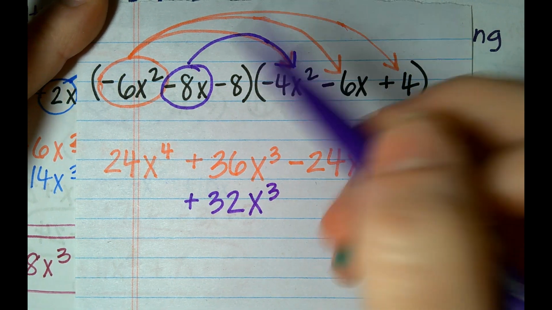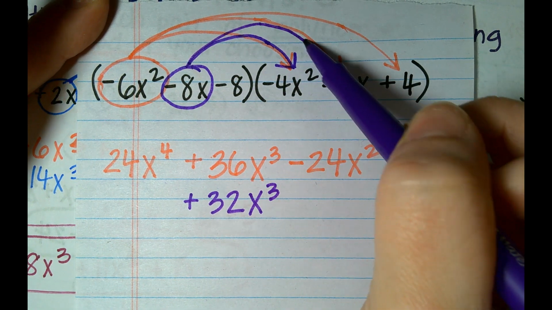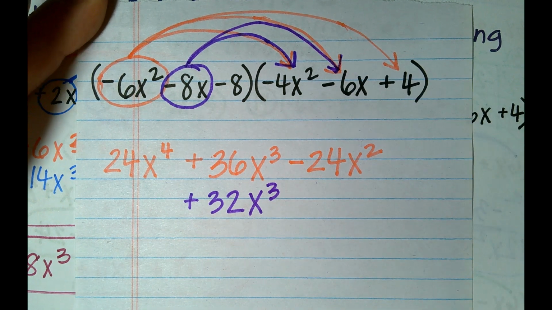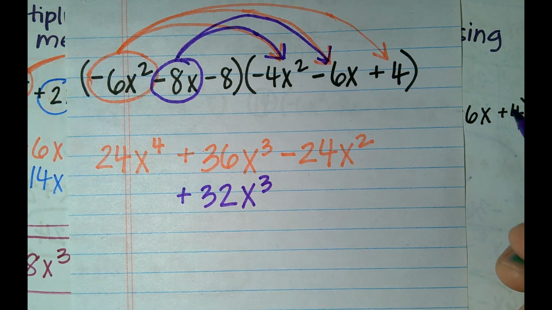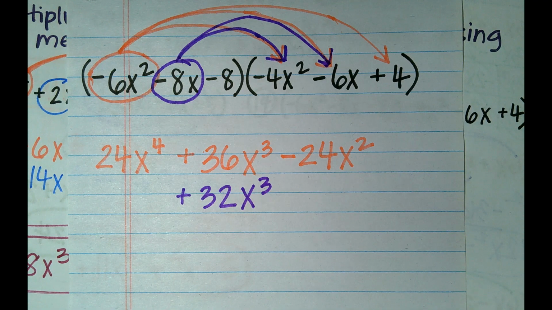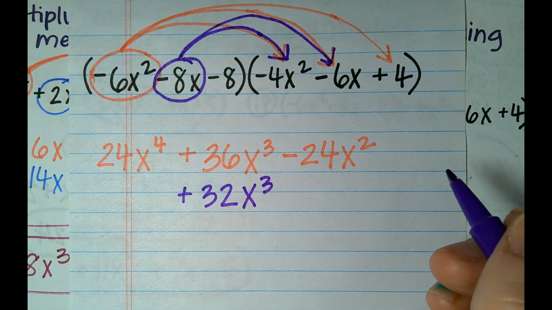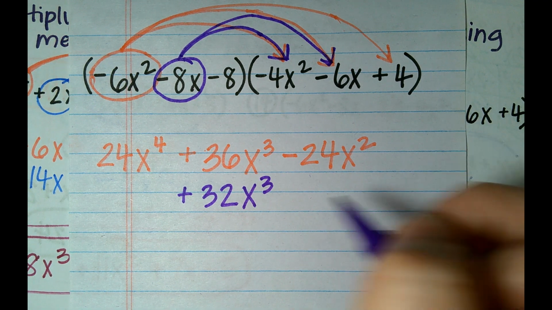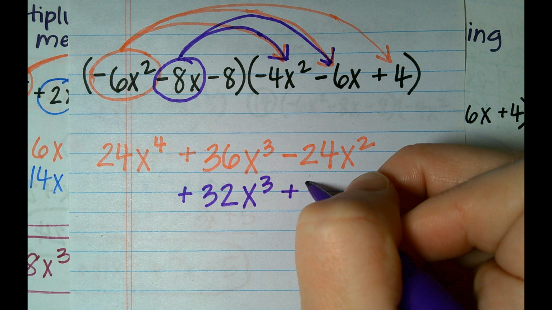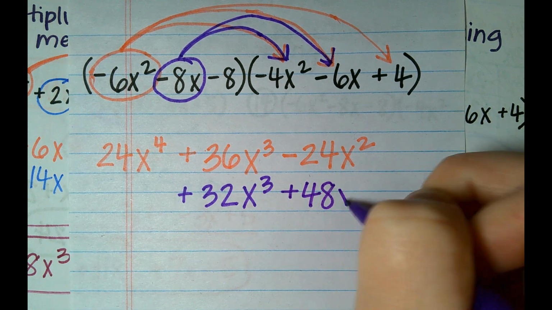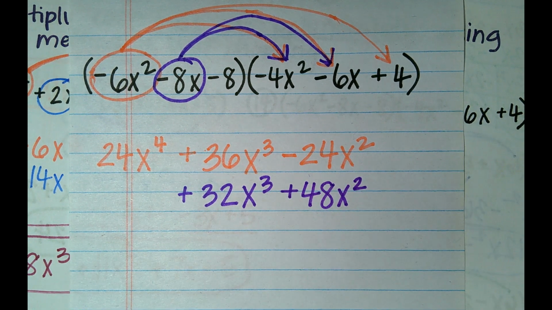Good. Now we have negative 8x times negative 6x. What's negative 8 times negative 6? Is it positive 48? It is, yes. Positive 48x squared.